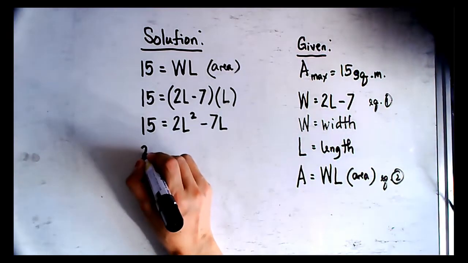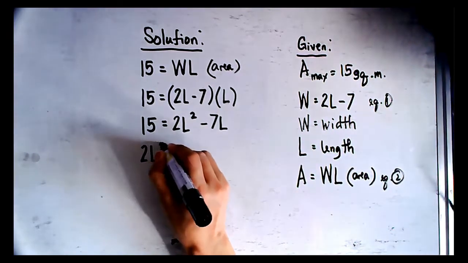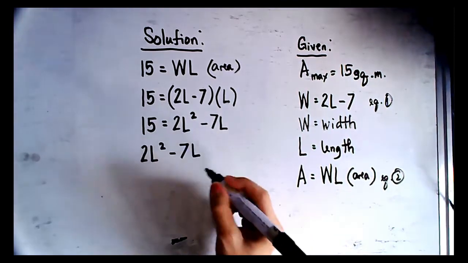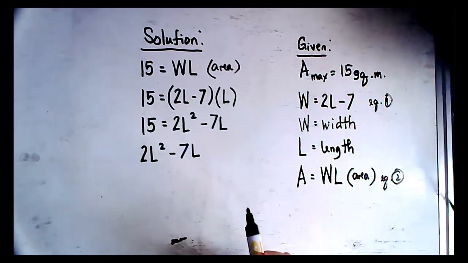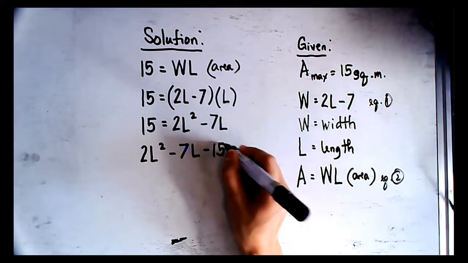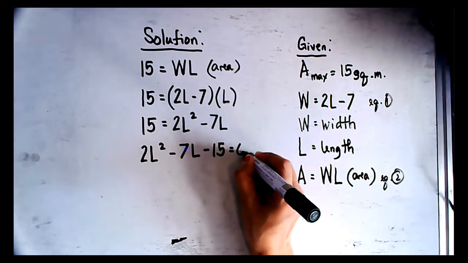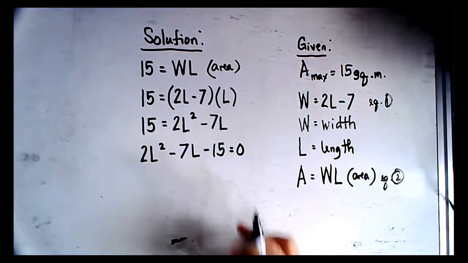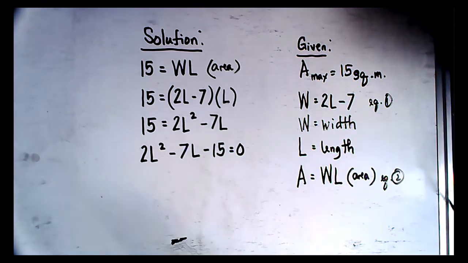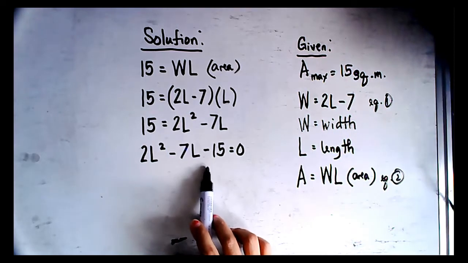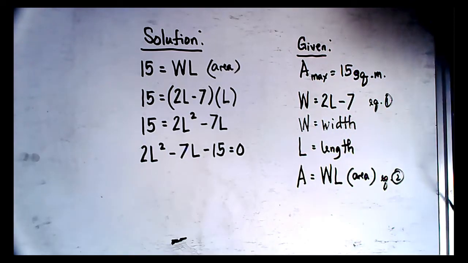So you would notice with this equation, 2L squared minus 7L, if we transpose 15 to the other side of the equation, minus 15, and equate this to 0, then we will have an equation which is 2L squared minus 7L minus 15 is equal to 0.